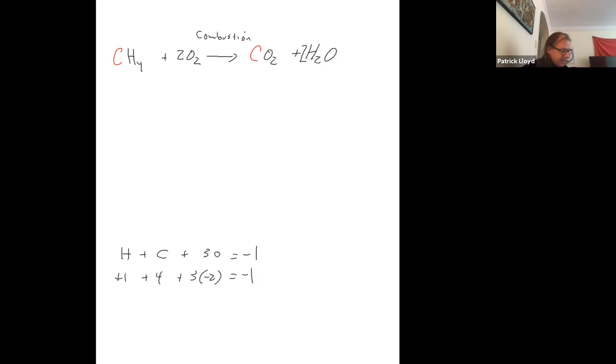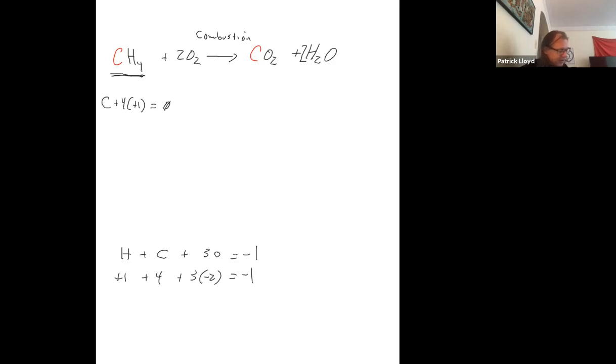Okay, so let's go through it. We got the carbon here. Now that's a molecular compound, so it's got to add up to 0, right? We do have a rule for hydrogen, which is it's +1. So that means carbon plus 4 times +1 has got to equal 0 because it's a compound.